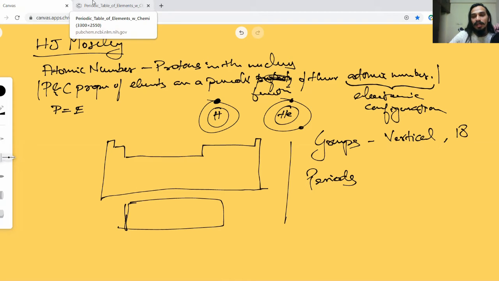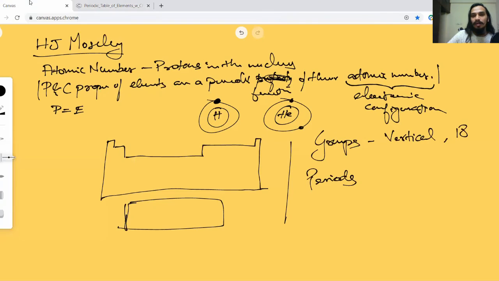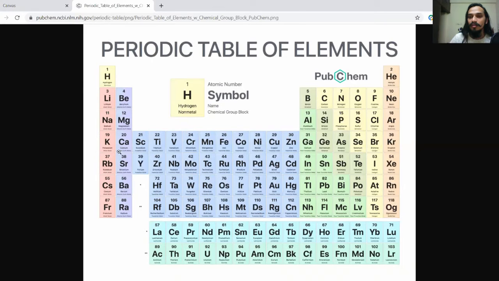Now, what is special about these groups is, again, just like Mendeleev had said, you get similar properties when you are looking within the elements of a group. Now, what are periods then? It is nothing but horizontal, just like Mendeleev had said. And there are how many of them? 1, 2, 3, 4, 5, 6, 7.